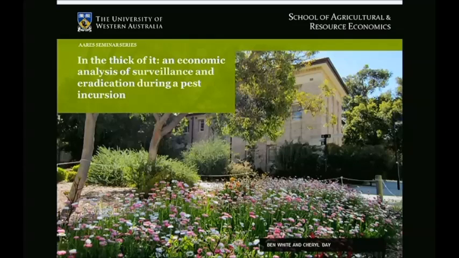Well, it emerged that when you're looking at biosecurity management, then really the key thing is information, and it's information through time and information across a spatial area.